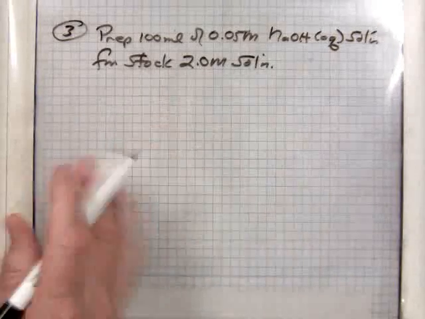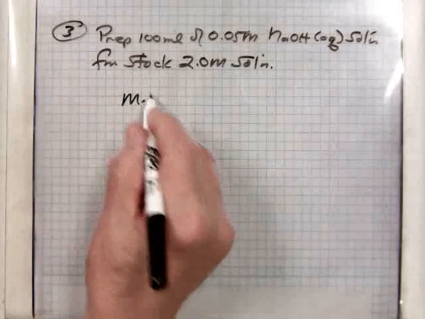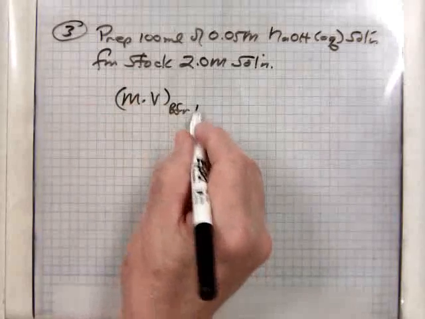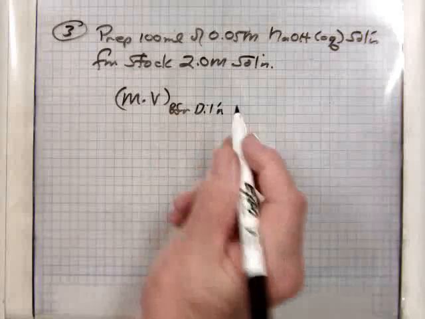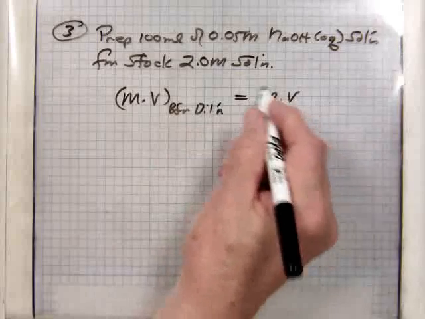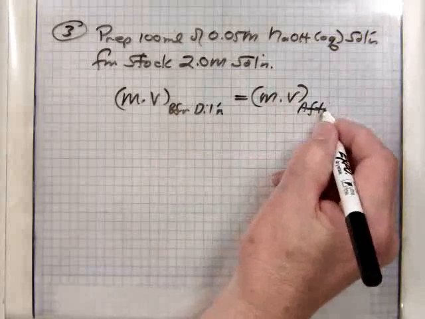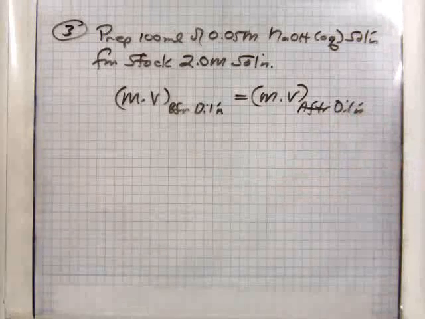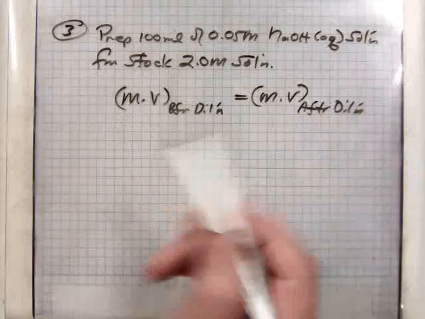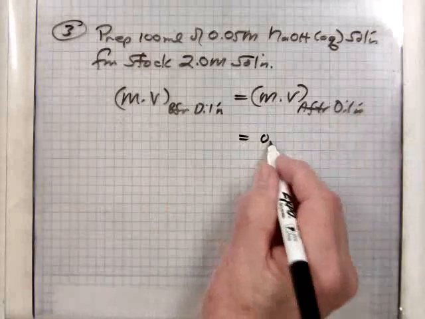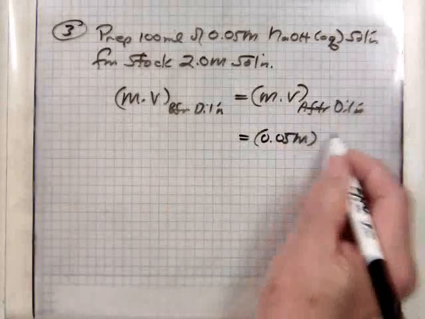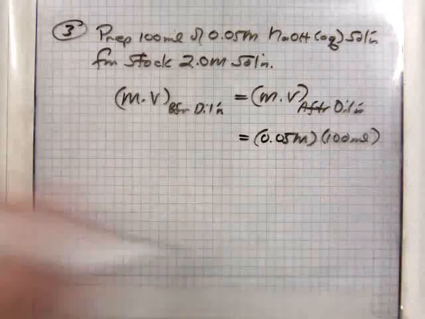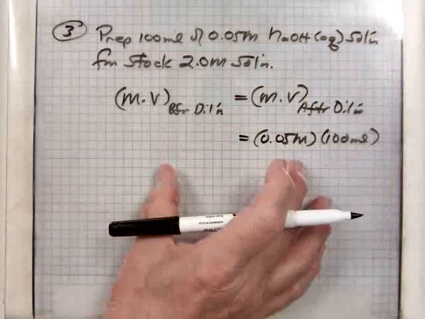So this is use of the dilution equation, molarity times volume before dilution is equal to molarity times volume after dilution of the diluted sample, or concentrate to the diluted. So you're trying to prepare a 0.05 molar and 100 mils. You can leave these in milliliters if both sides of the equation are the same units.